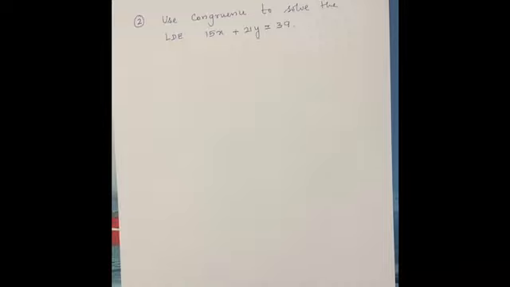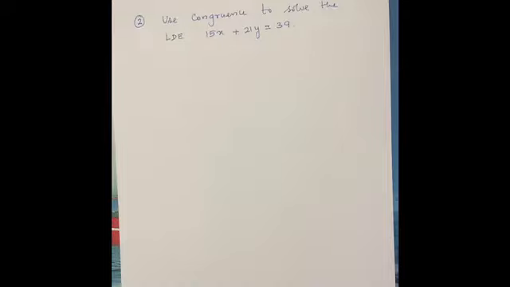Now we have the problem. Use the congruence to solve the LDE, linear Diophantine equation, 15x plus 21y equal to 39. Already in lecture 1, we studied the LDE and how to solve an LDE.